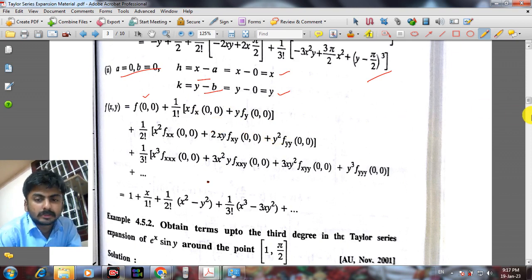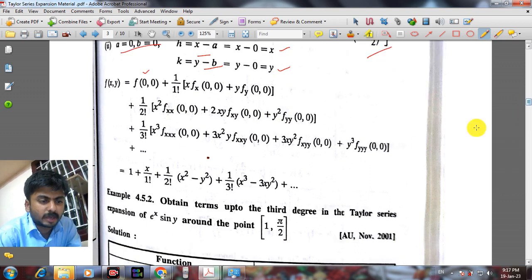After substitution of values we get the following expansion: 1 plus x by 1 factorial plus x square minus y square by 2 factorial plus x cube minus 3xy square by 3 factorial plus etc.